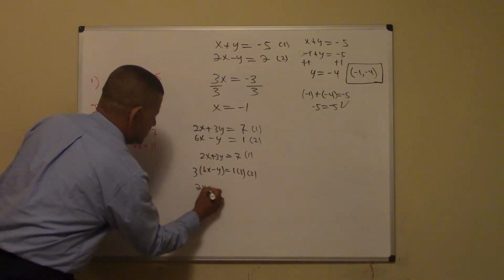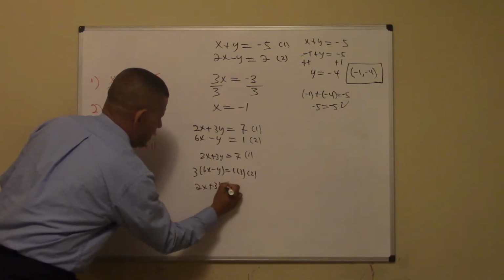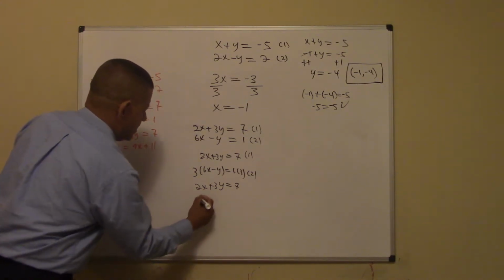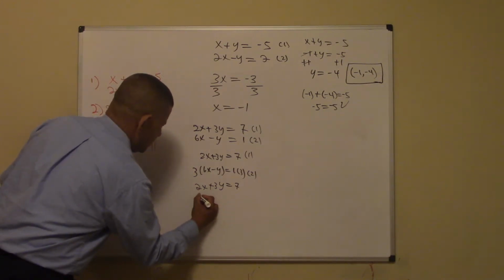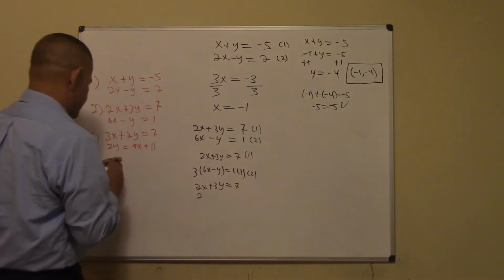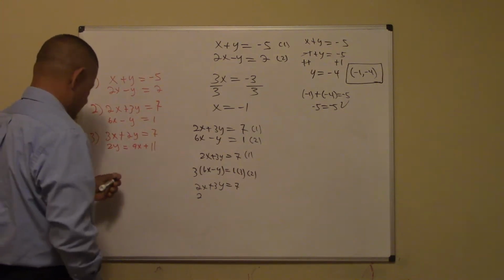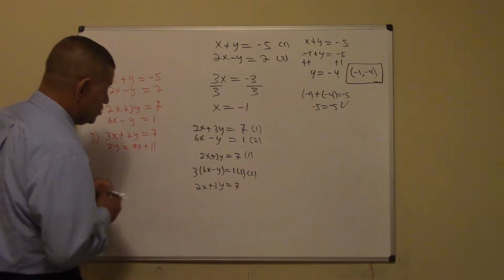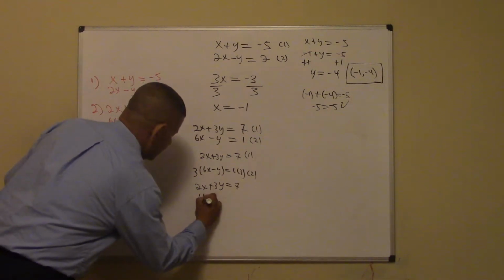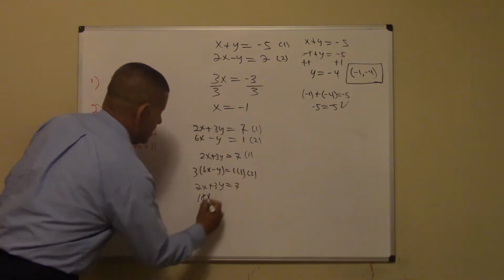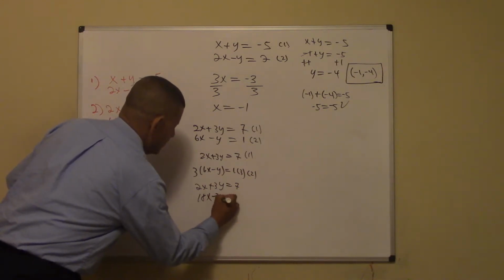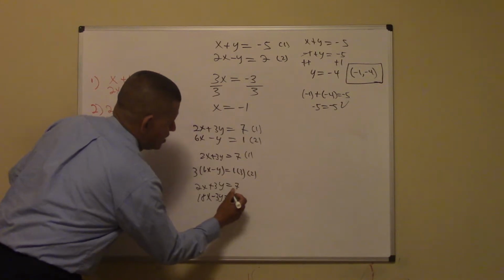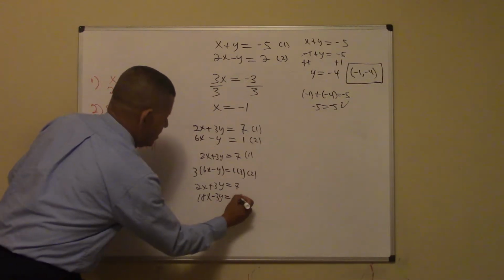So 2x plus 3y is equal to 7. That's equation number 1. Sorry, equation number 2 is going to be equal to 18x minus 3y equal to 3, right?